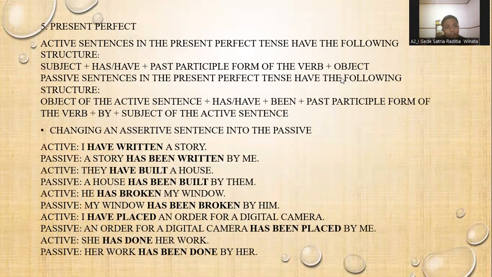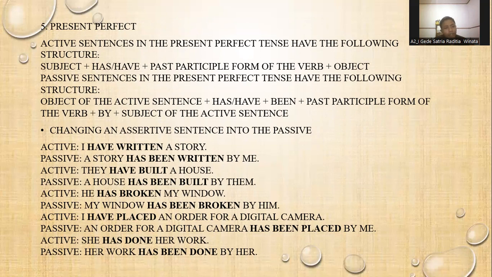The fifth, present perfect. Active sentences in the present perfect tense have the following structure: subject plus has or have plus past participle form of the verb plus object. Passive sentences in the present perfect tense have the following structure: object of the active sentence plus has or have plus been plus past participle form of the verb plus by plus subject of the active sentence.